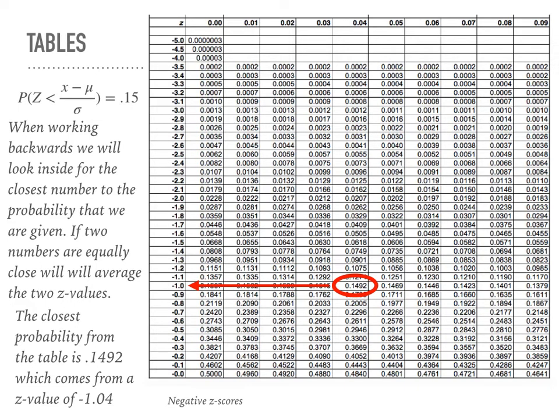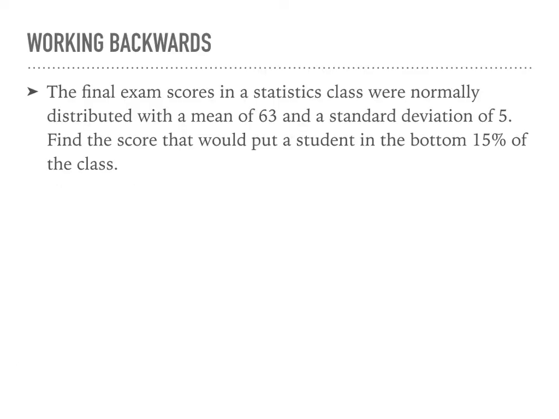Now that comes from negative 1.04. So filling things in, we see that the probability that z is less than negative 1.04 is approximately 0.15.